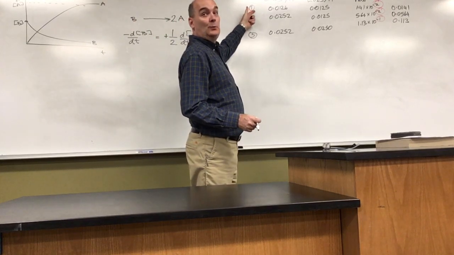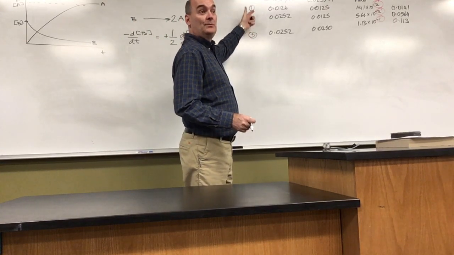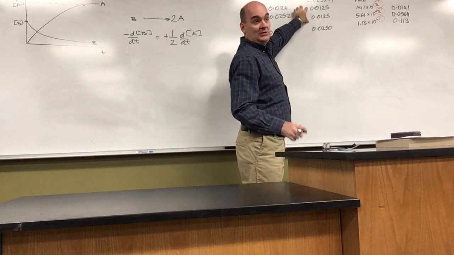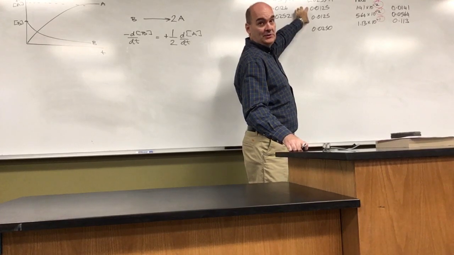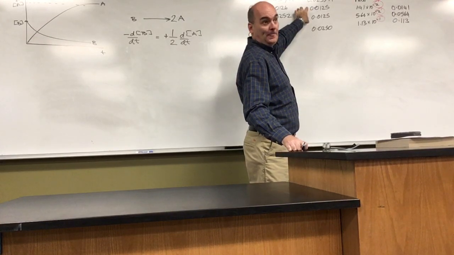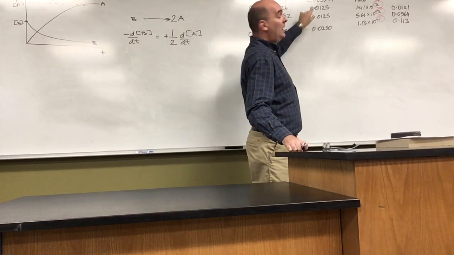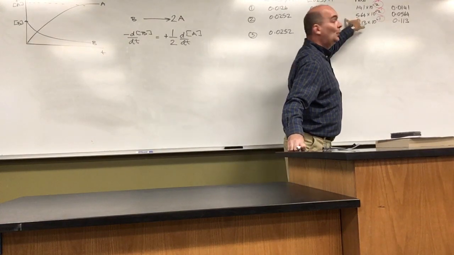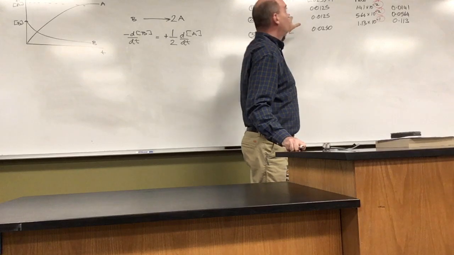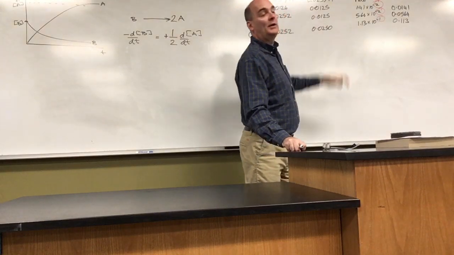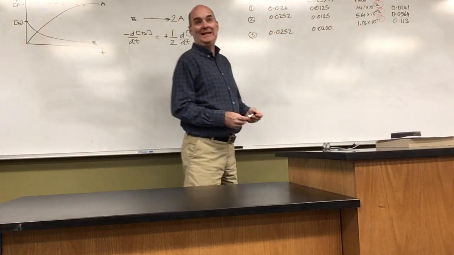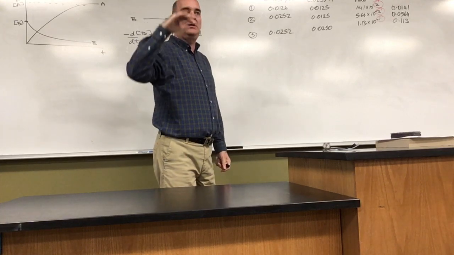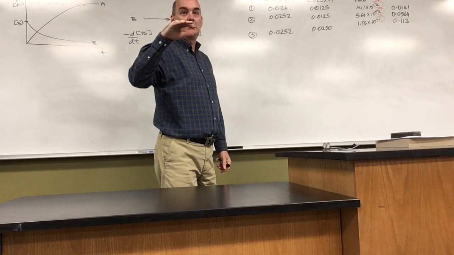So, in experiment 1 and experiment 2, this column remains constant. So the values for row 2 remain constant. The values in row 2 are higher than the values in row 1, so it's honestly easier for our human brains to understand the big number divided by the little number.